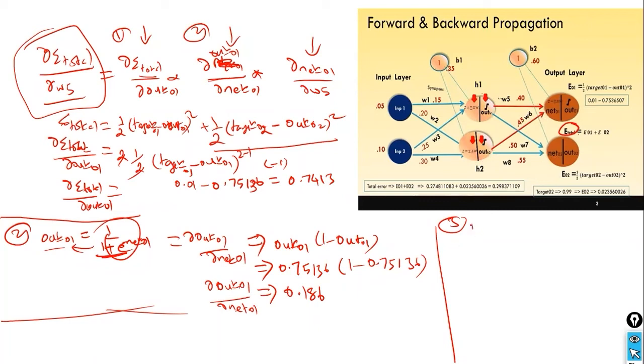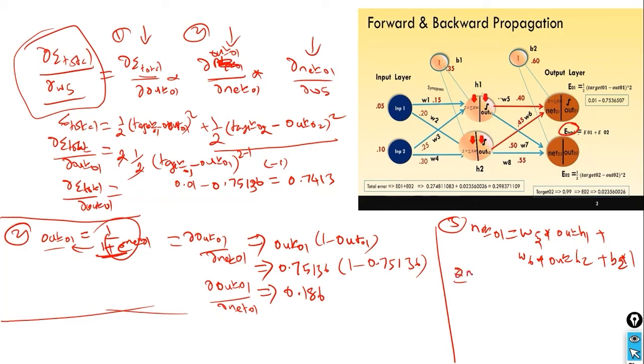So net O1 is W5 into out H1 plus W6 into out H2 plus the bias unit B2 into 1. If you plug in the values, you will get the value for this.